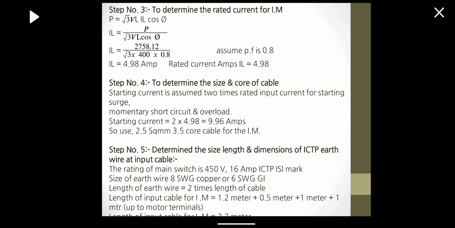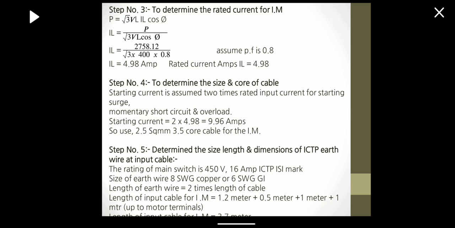Size of earth wire is 8 SWG copper or 6 SWG GI. Then length of earth wire is equal to 2 times the length of the cable. Then length of input cable for the induction motor is equal to 1.2 meter plus 0.5 meter plus 1 meter plus 1 meter up to the motor terminal.